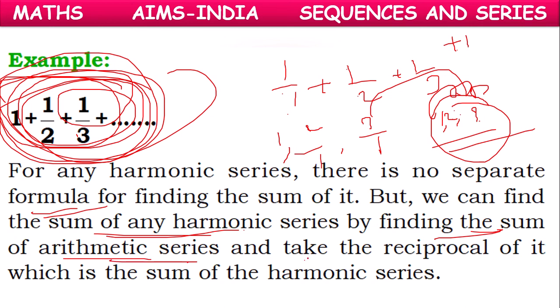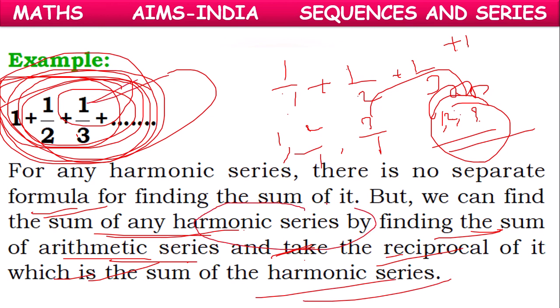Then finally, we have to take the reciprocal of that sum. That will be the sum of the harmonic series. So no separate formulas are involved in the case of harmonic series. We convert into arithmetic series, find whatever requirements we have, then take their reciprocals. Okay.